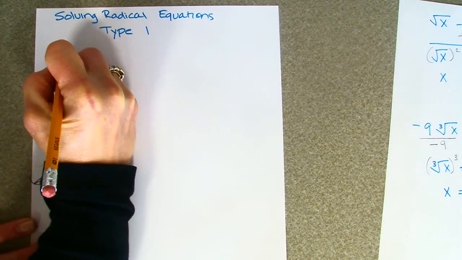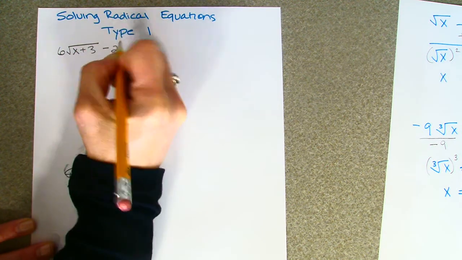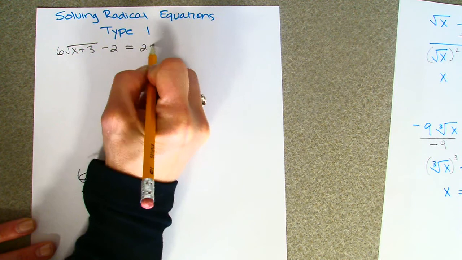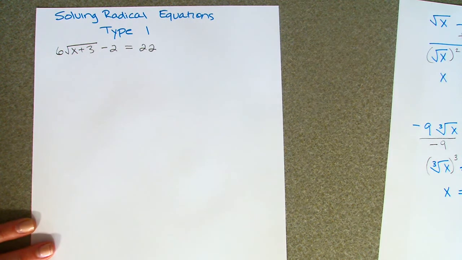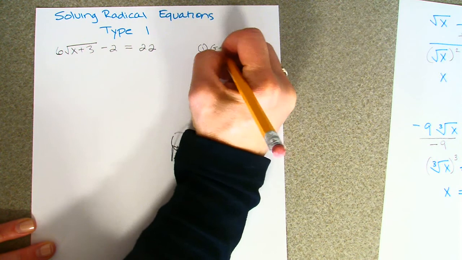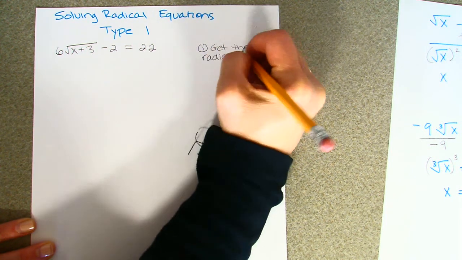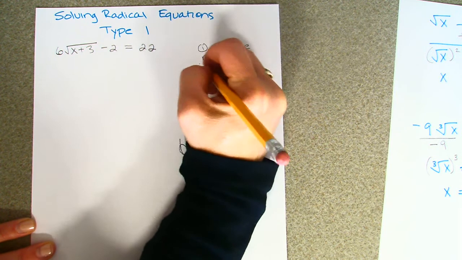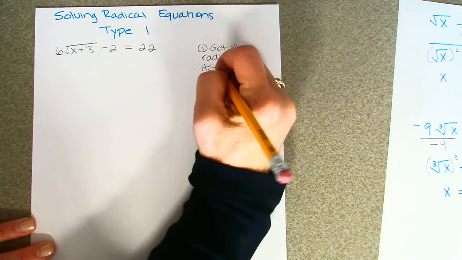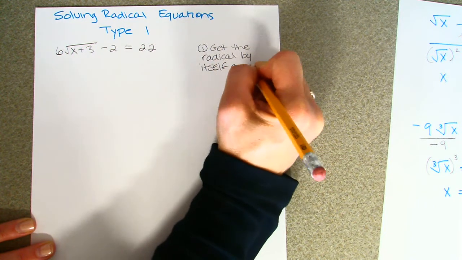So we're going to have 6 times the square root of x plus 3 minus 2. Notice the minus 2 is not in the radical, and it's equal to 22. So the first step we're going to do here is get the radical by itself on one side of the equal sign.